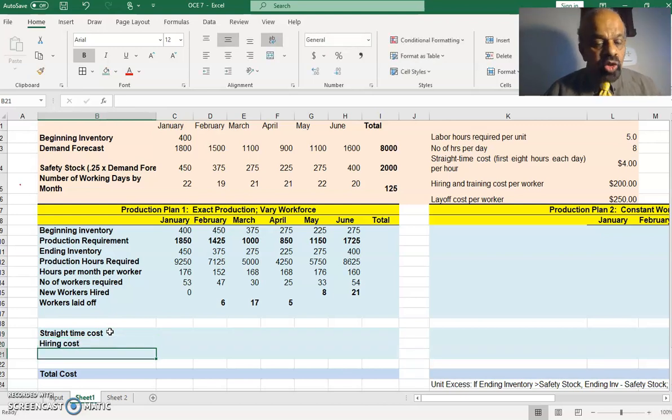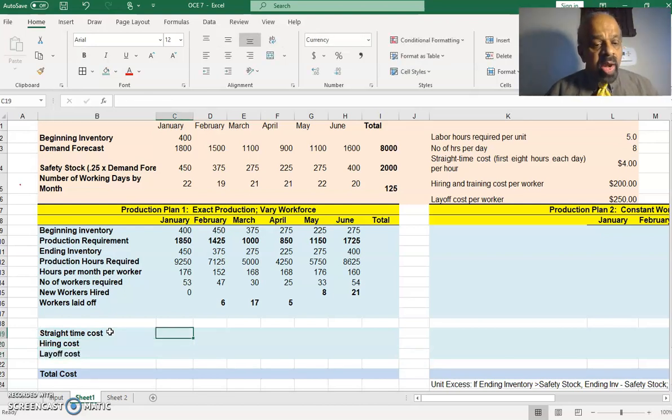I'm going to explain to you what these are in a minute. The third one is my layoff cost. Straight time cost is I have to make some number of units. For each unit, how much it is going to cost me. Forget about the workers right now. It is only the units right now.